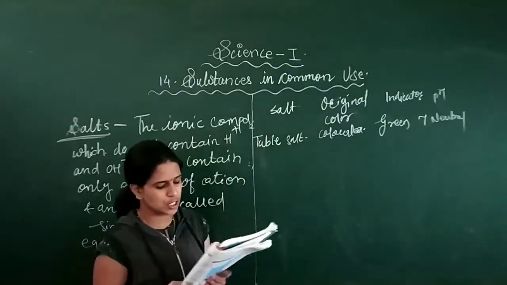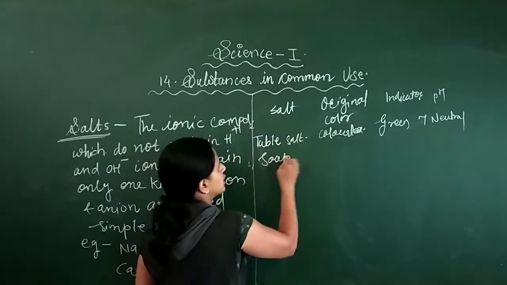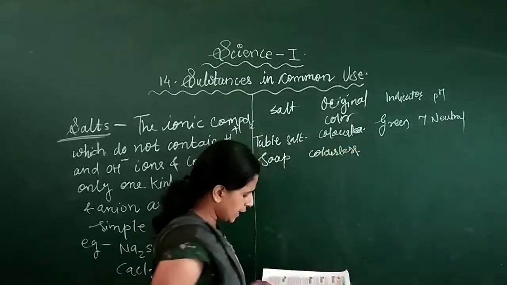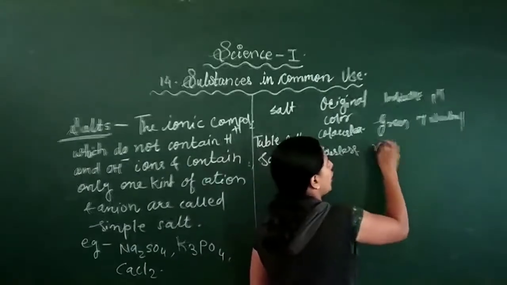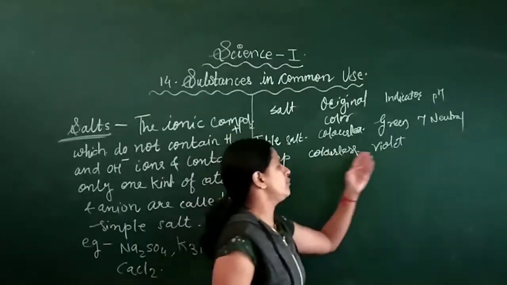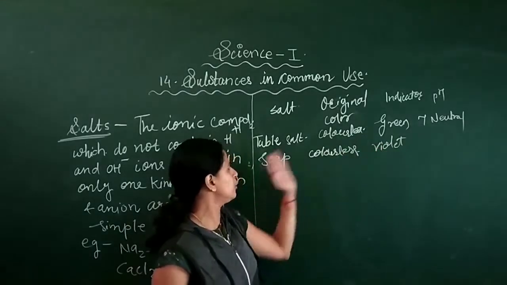Now the next is soap. Write down here soap, which is colorless. When we put the indicator it becomes violet. We have to do this practically, and then and there we get these colors, but till then, just write it down.